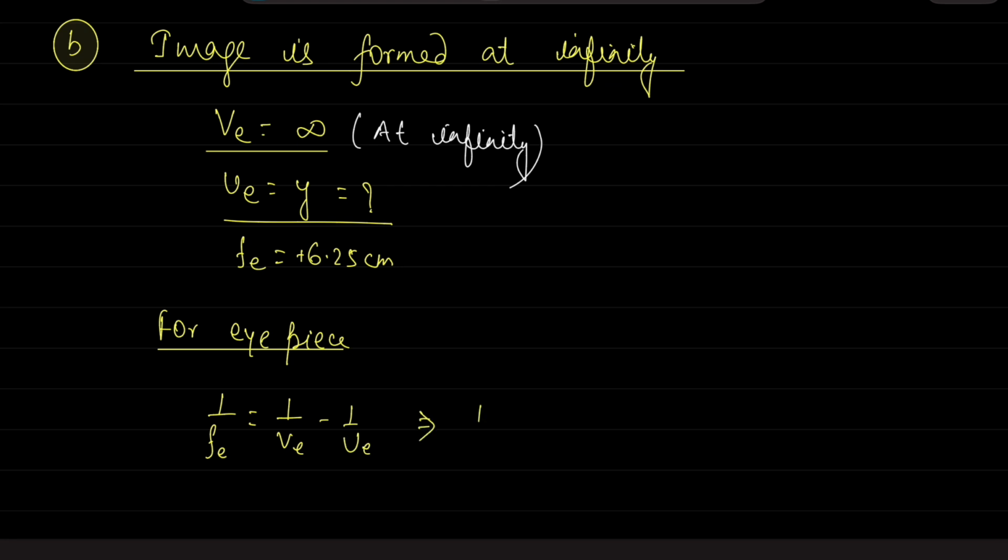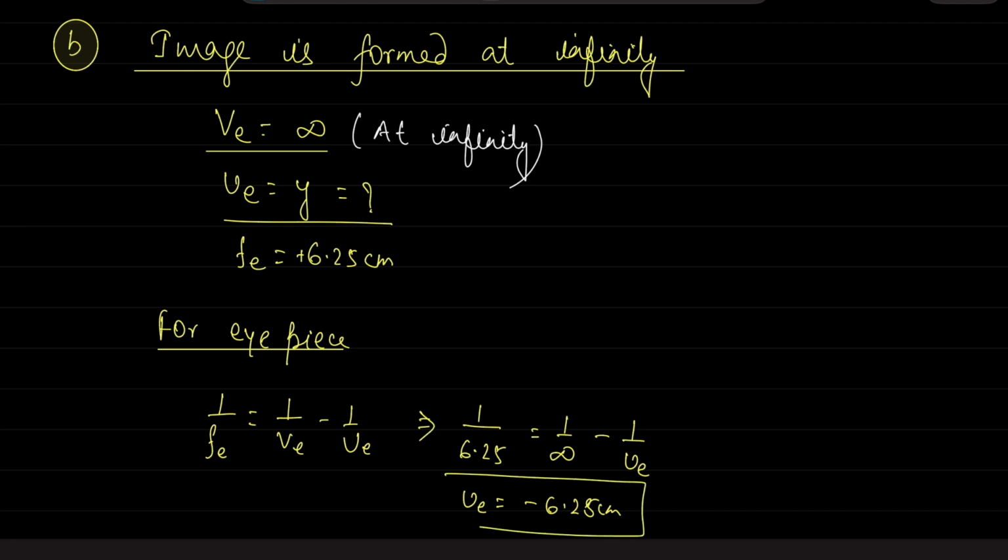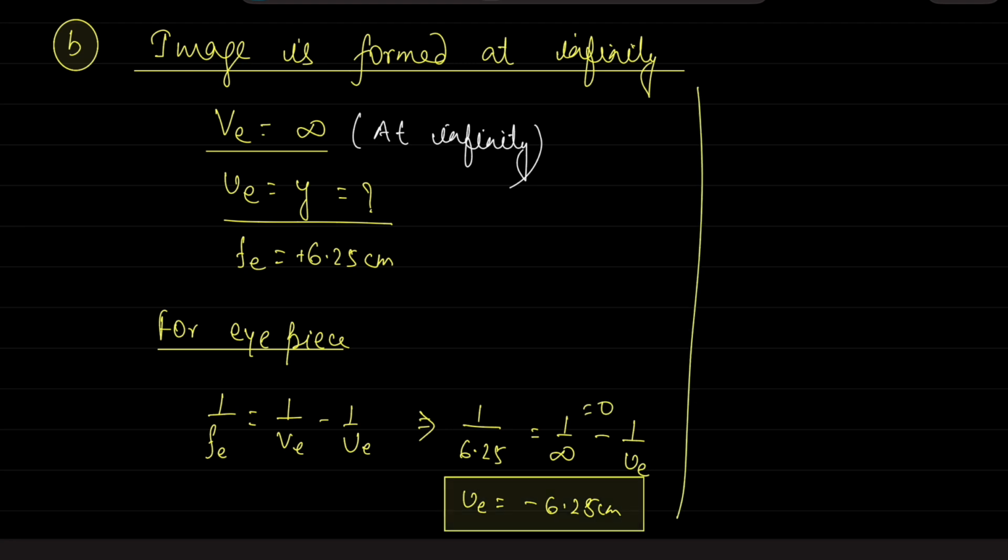So here 1 by 6.25 is equal to 1 by infinity minus 1 by UE. So we can say that UE is equal to minus 6.25 centimeter, because 1 by infinity is nothing but 0.